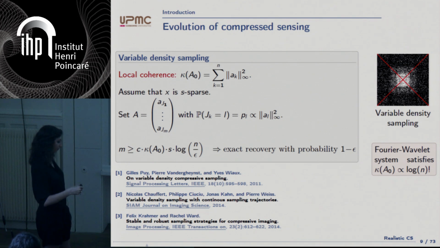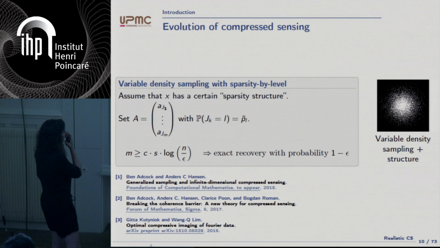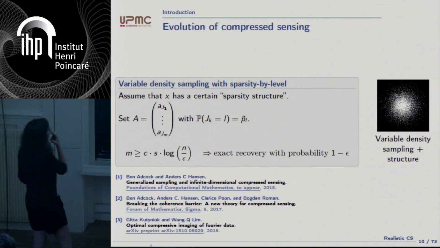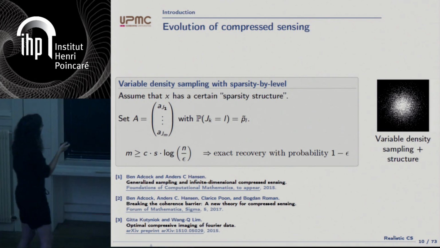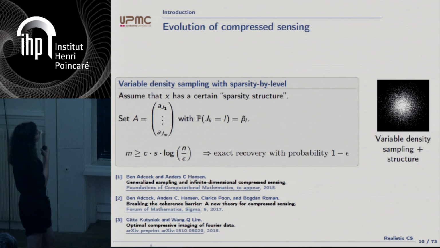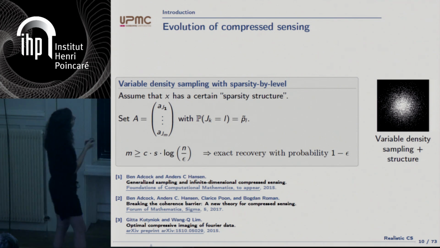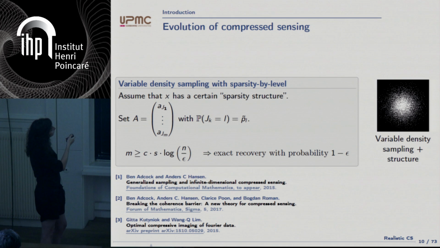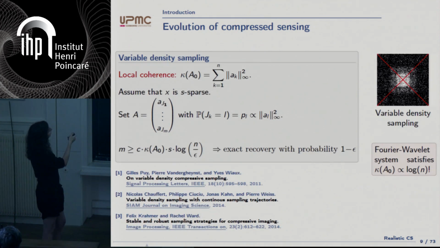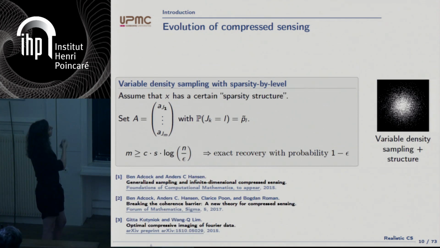It does not rely on smooth trajectories. Then the later work of Anders Hansen and Ben Adcock managed to kill a log factor, the log that appears here. How did they manage to do so?